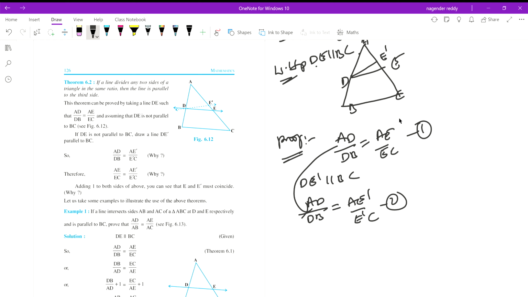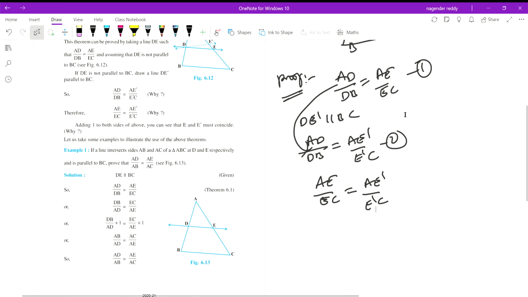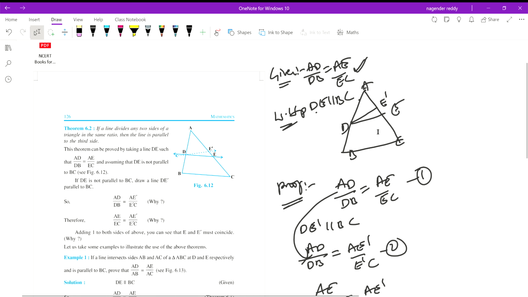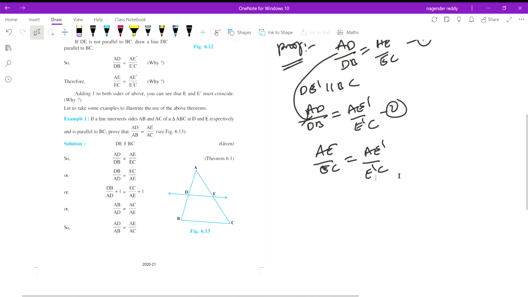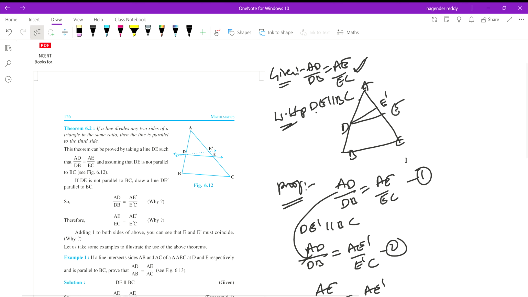So observe these two, then what we get? AE by EC is equal to AE dash by E dash C. That means any point you take, it is equal to this ratio. That means AE by EC is equal to AE dash by E dash C.